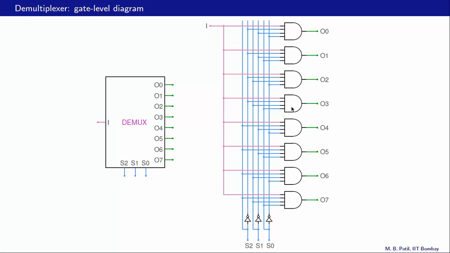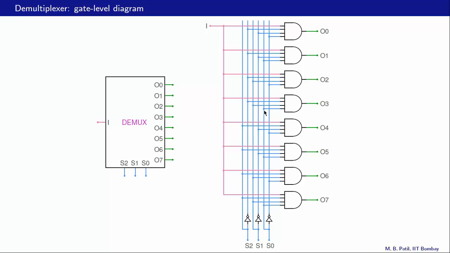Let us look at this gate O3. One of the inputs of course is I, and let us now look at these other three inputs marked in blue. This input is S2 bar. We can see that S2 bar. The second input is S1 and the third input is S0.